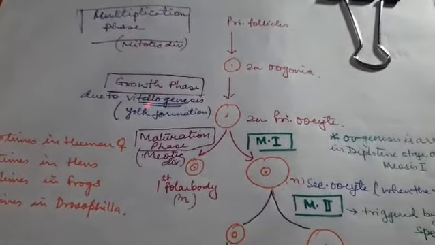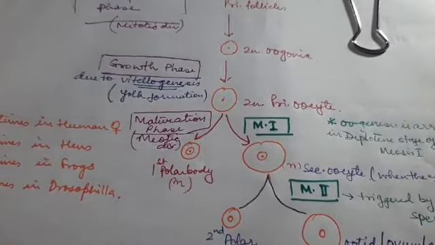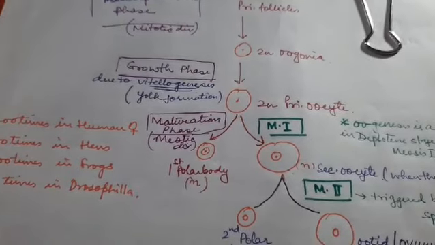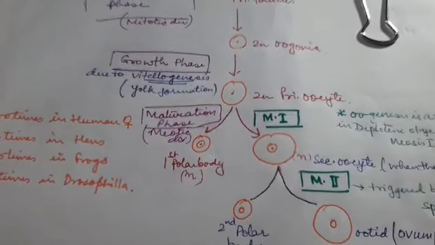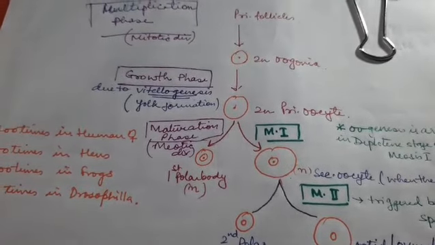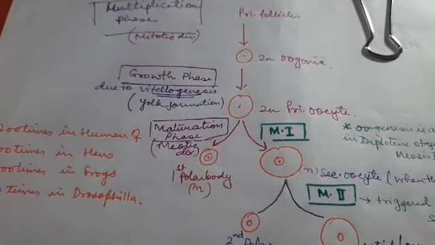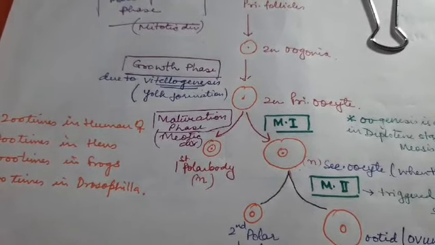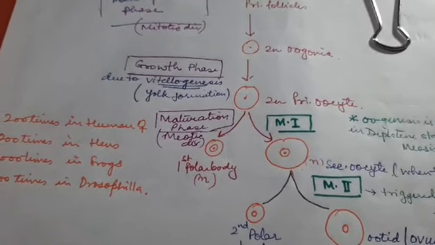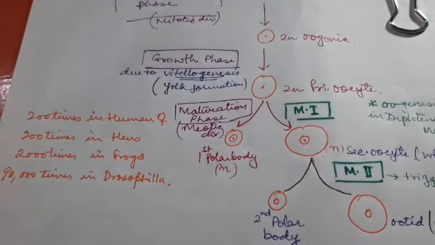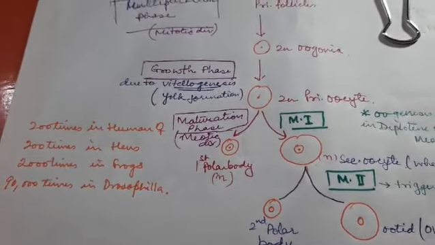Oogonia enter into the second phase, that is the growth phase, and growth is due to vitellogenesis, that is the yolk formation that takes place. Depending upon the yolk formed and accumulated, the size will increase. For example, the size increases up to 200 times in case of humans.